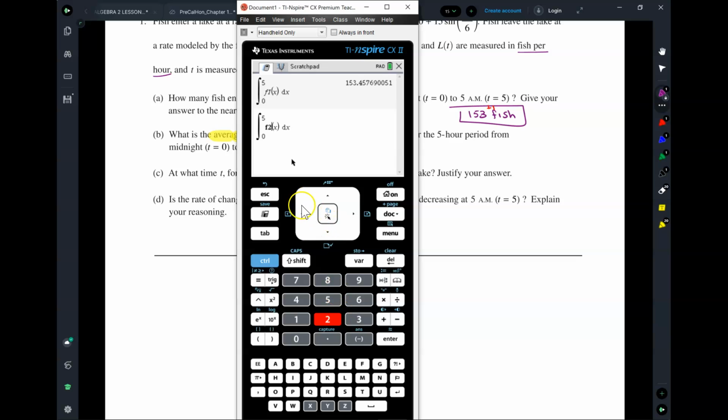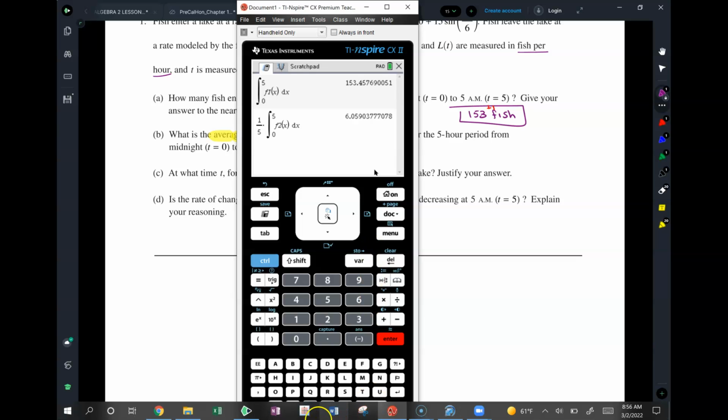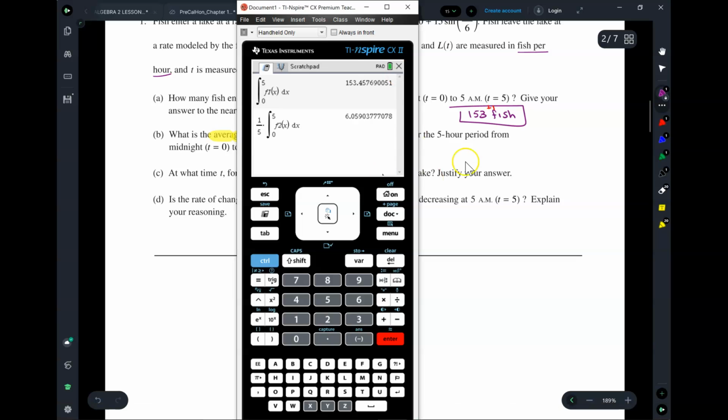So just edit it, but in the front, you want to do 1 over 5. So that's this many. Do we not have to handwrite, like, average? No.